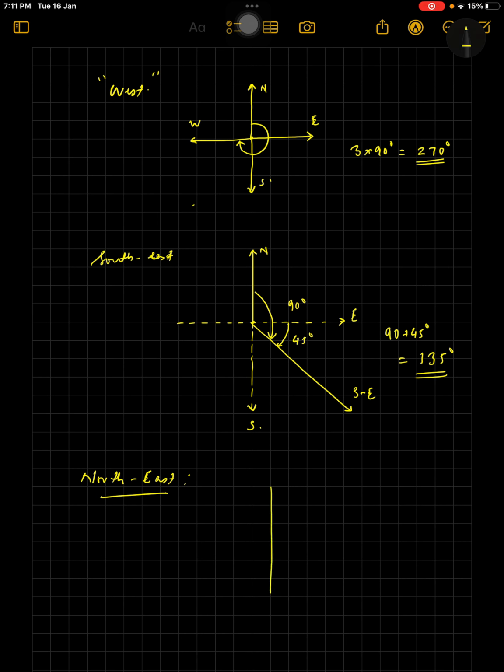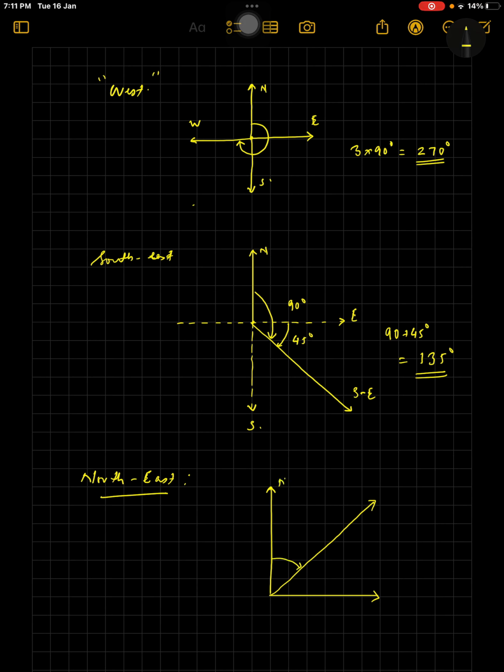Yeah, if you're back, I've got north over here. East is this. So northeast would be exactly midway between these. So northeast would be simply this angle.